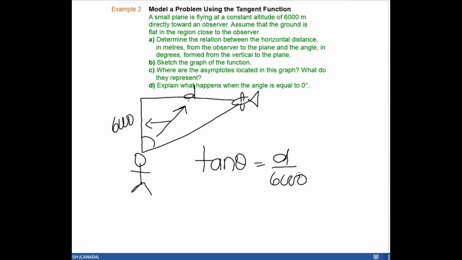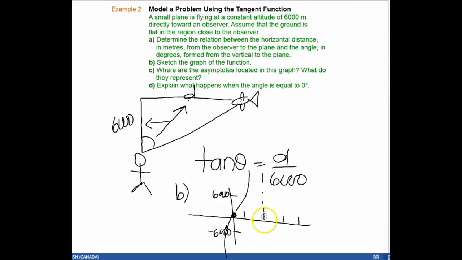So if we were drawing what this would look like, it's just a tan equation. And we would say 6,000 is basically our 1 that we were talking about, or negative 6,000. Okay, and then we'd make our 4 movements. And our picture would kind of curve here and somewhat curve there. You have an asymptote, and then again it curves and curves.